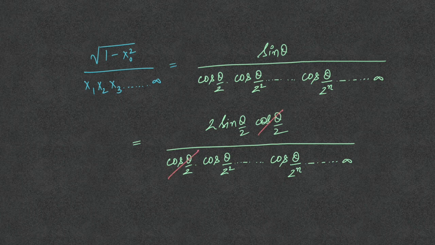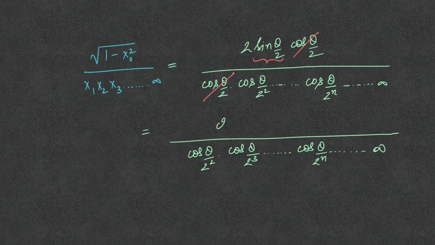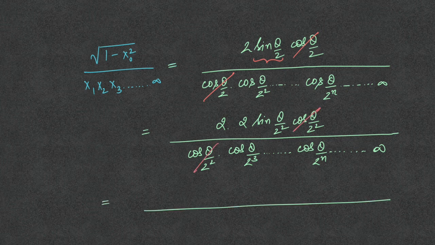Cancelling the common and applying sin 2 theta property here again, in numerator I can write 2 as it is, and sin theta by 2 written as 2 sin theta by 2 square into cos of theta by 2 square. Cancelling common again.